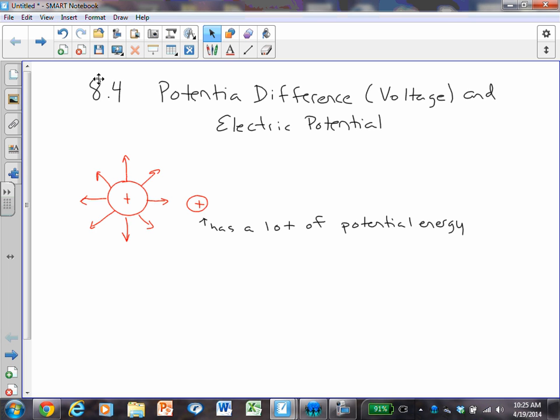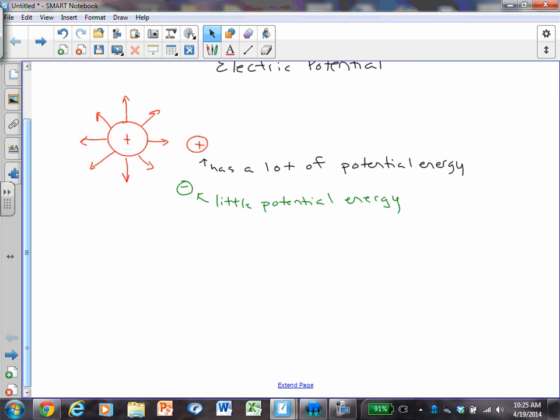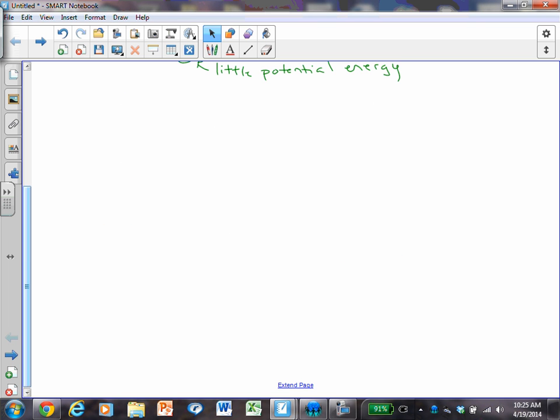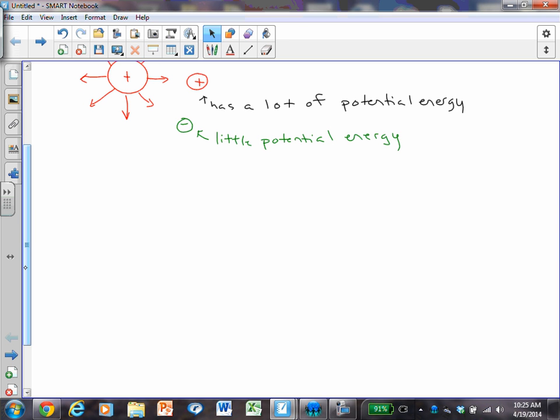But a negative one has little potential energy. So you have to remember the signs of the charges when you're considering this. But if a particle is somewhere it doesn't want to be, then it has potential energy. And of course that can be converted to things like kinetic energy as it begins to move away.